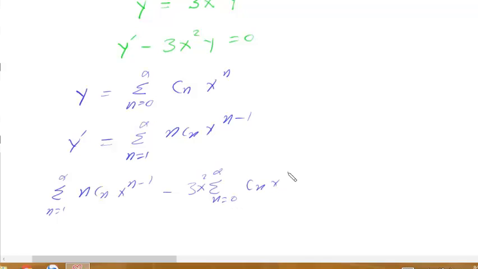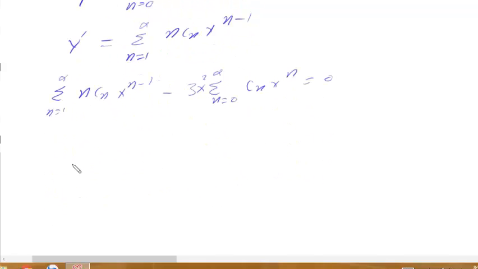Then this is n = 1 to infinity of n cₙ xⁿ⁻¹ minus 3, from 0 to infinity, with this x², then we add it to xⁿ, cₙ xⁿ⁺², equal to 0.